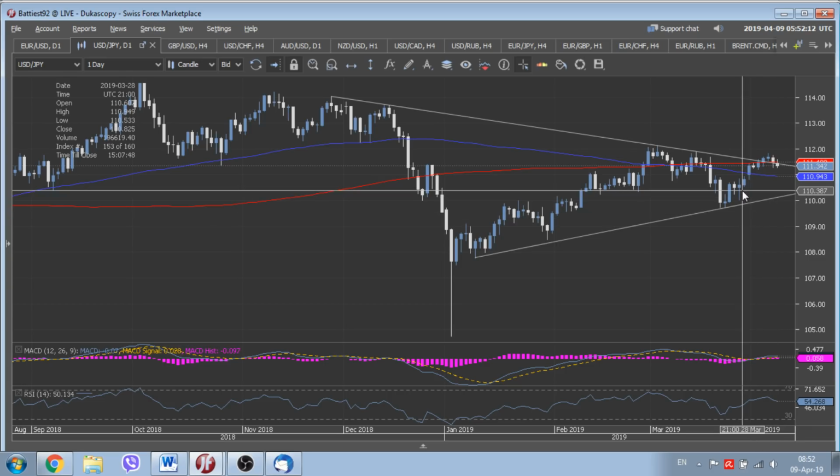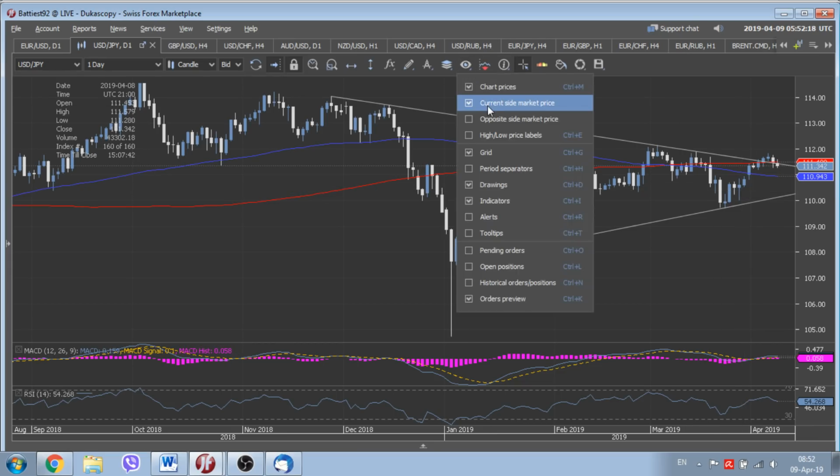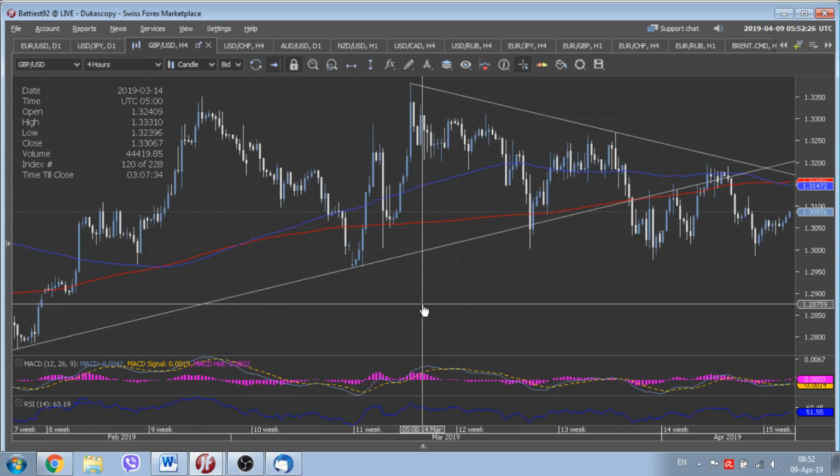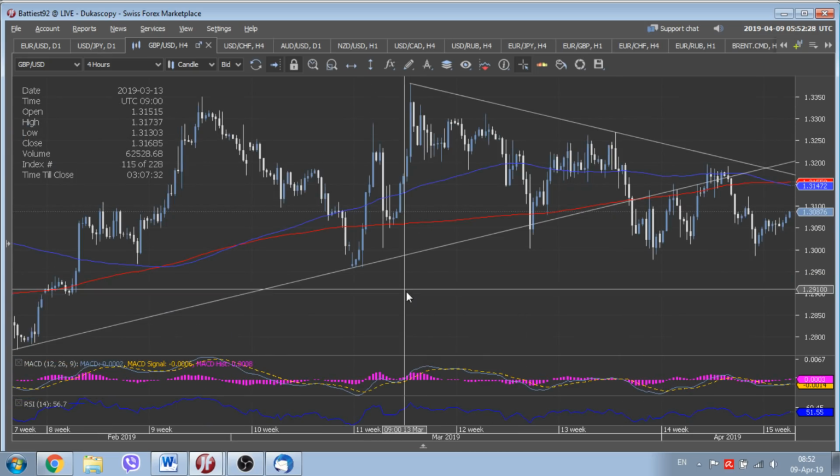But don't forget that even now we are trading below the moving average 200 daily line, which is at the moment located at 111.49.